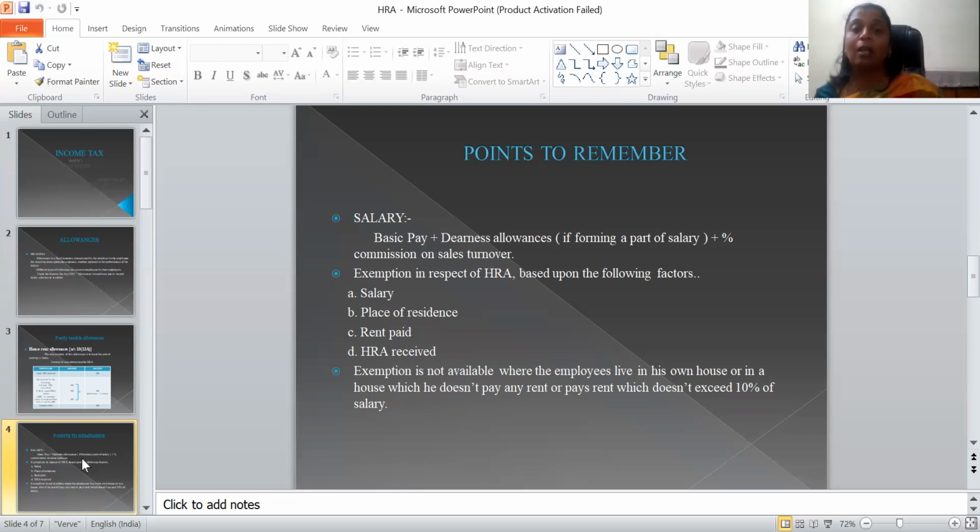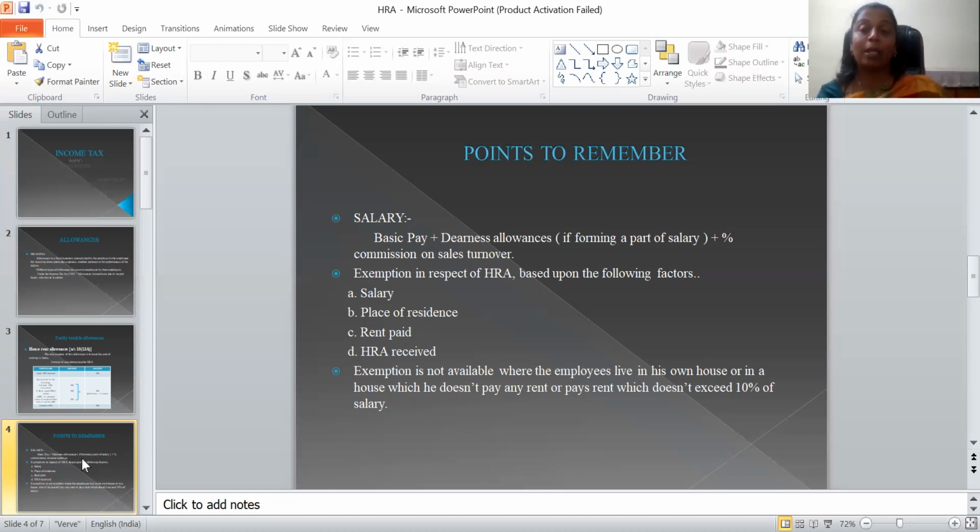So next thing you have to be keen on HRA is if an individual stays in his own house or in a house wherein he doesn't pay any rent, at that time the entire amount of HRA what he has received will be taxable. The entire amount what is received as HRA amount will be fully taxable.